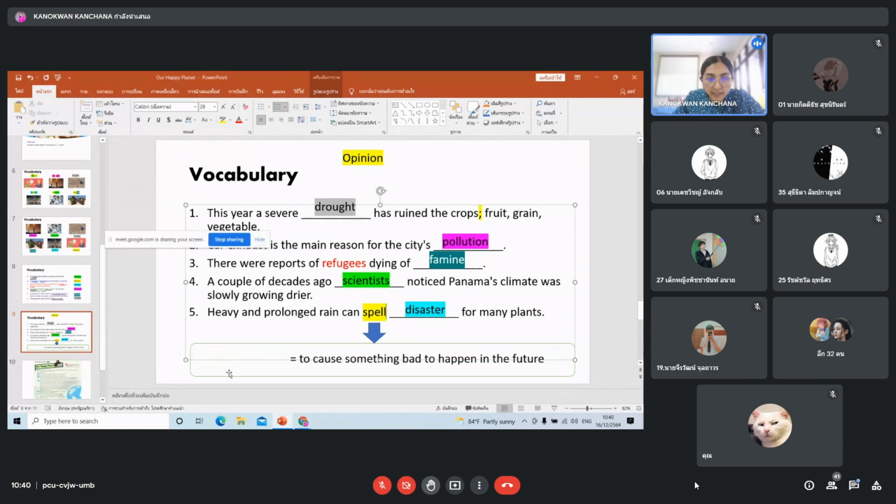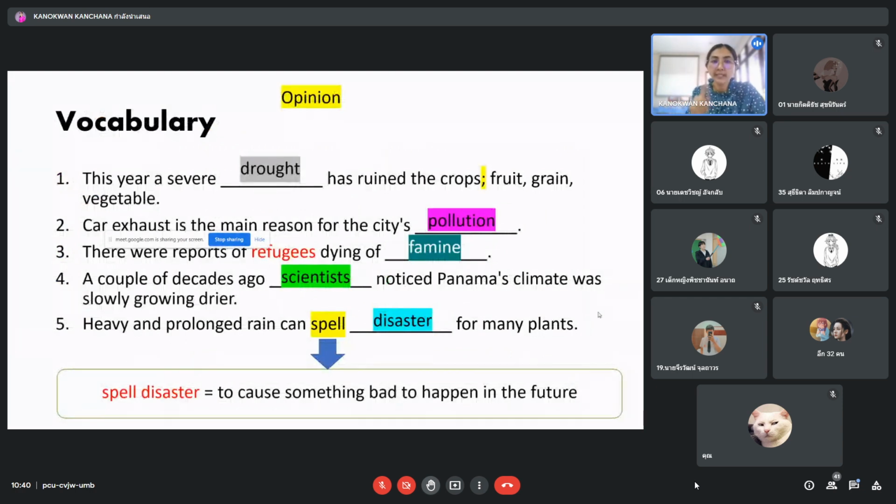If you see the word spell disaster, it means to cause something bad to happen in the future. So heavy and prolonged rain can spell disaster for many plants. Heavy and prolonged rain can spell disaster for many plants. If you see spell disaster, that means to cause something bad to happen in the future.